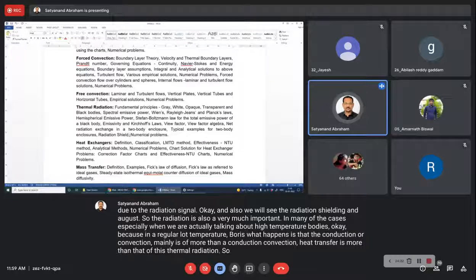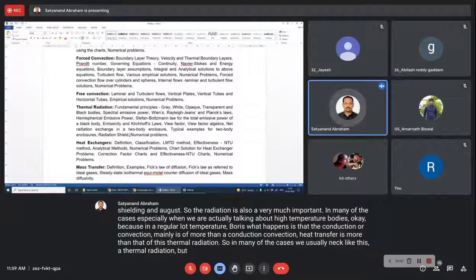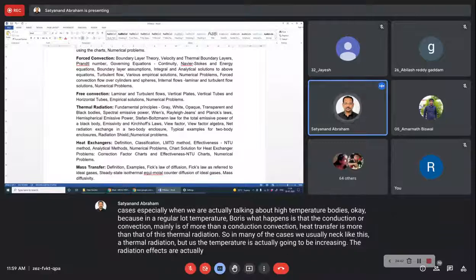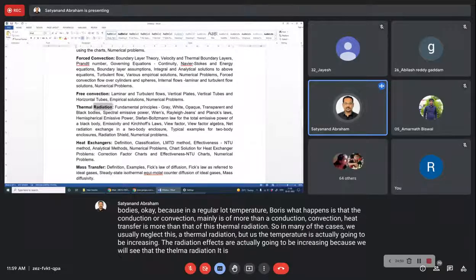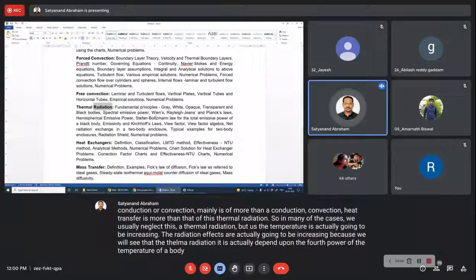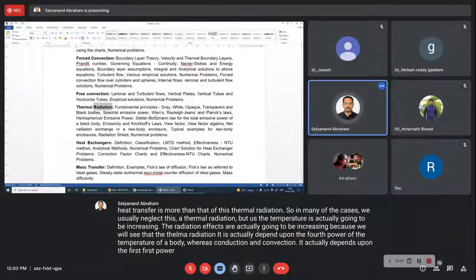So in many cases, we usually neglect thermal radiation, but as the temperature increases, the radiation effects increase, because we will see that thermal radiation depends upon the fourth power of the temperature of a body, whereas conduction and convection depend upon the first power of temperature.